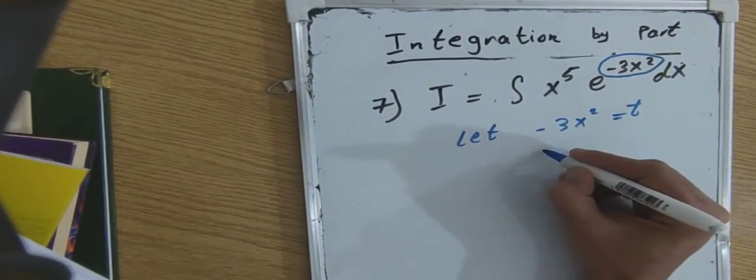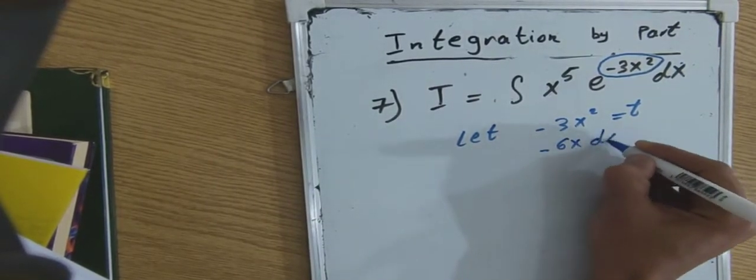But before we start integration by parts, my advice is to let negative 3x squared equal t to simplify the function e power. In this case, we have negative 6x dx equal to dt.